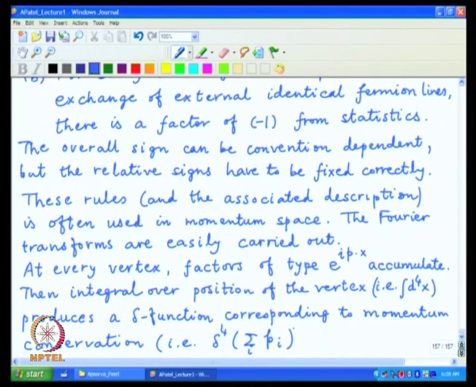And so, one has to now keep track of the momenta, but in a direction dependent manner.